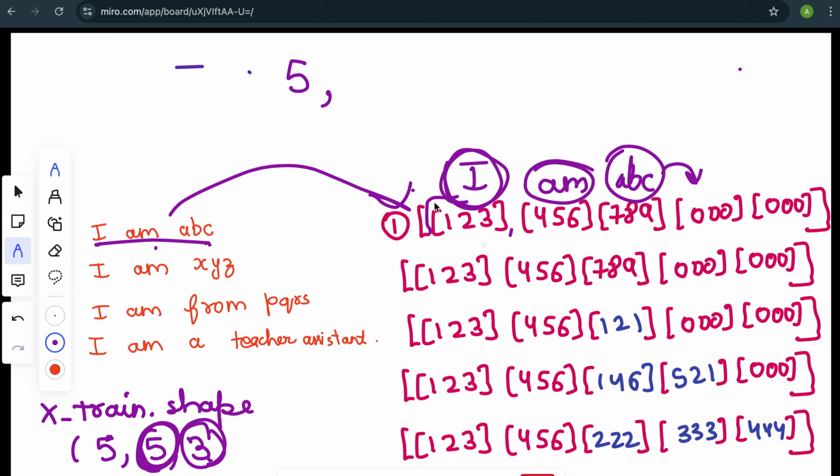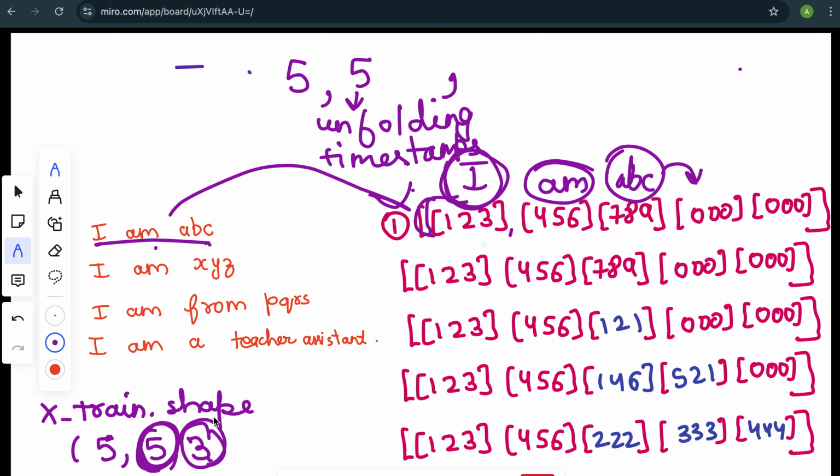So this sequence will unfold 5 times. People often call this unfolding timestamps. You can pick the name for yourself, it doesn't matter much. And then 3 represents in each timestamp how many features there are. So in each timestamp there are 3 features, 1, 2, 3, here also 3, and here also 3.